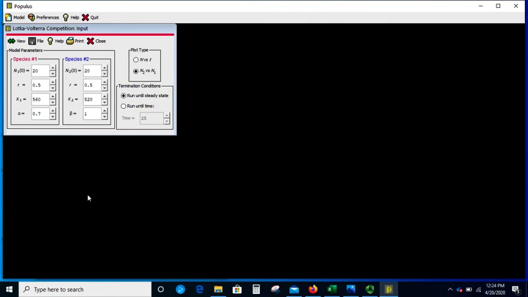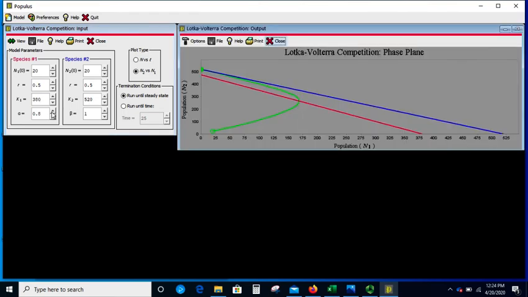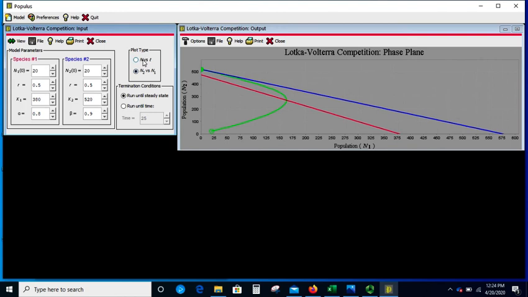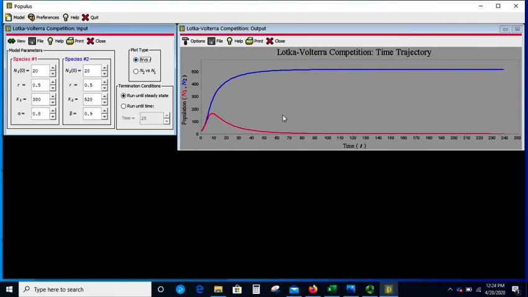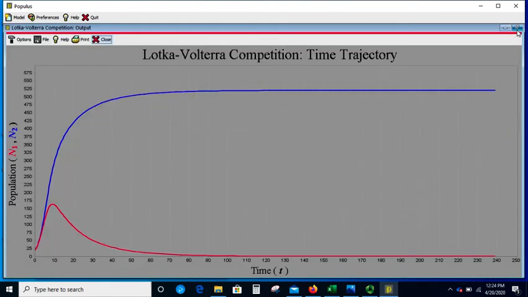Now I'm going to set up scenario B. Again, so here are both species 1 and 2 graphed against time until they reach a steady state.